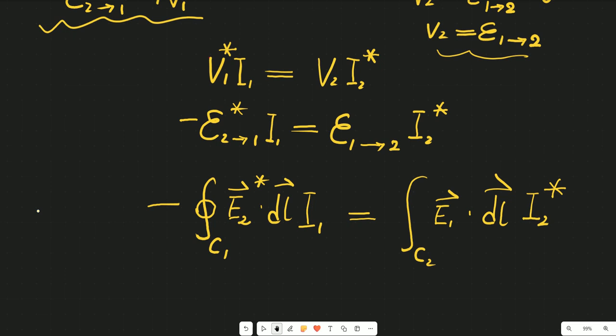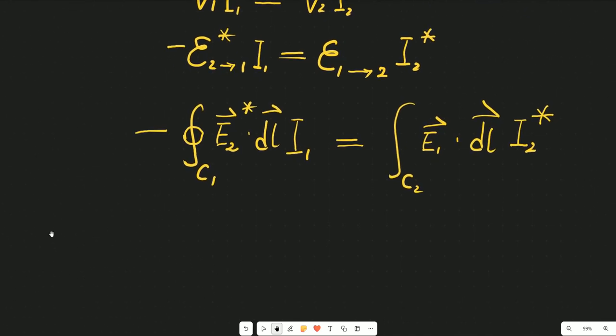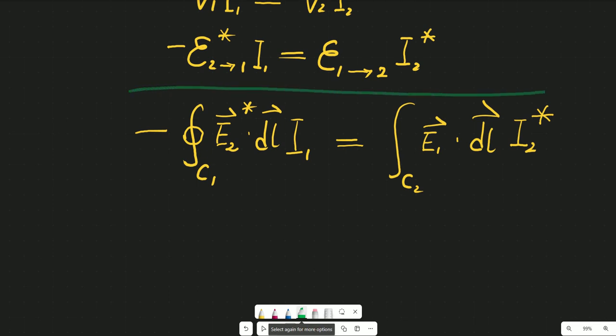So now C1 is primary core, C2 is secondary core. So now our energy conservation law, writing down this.